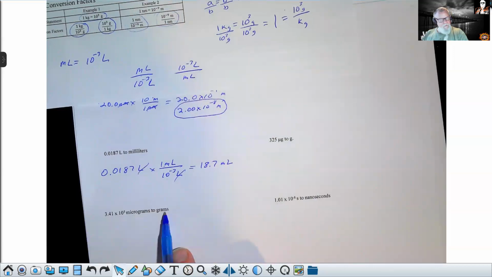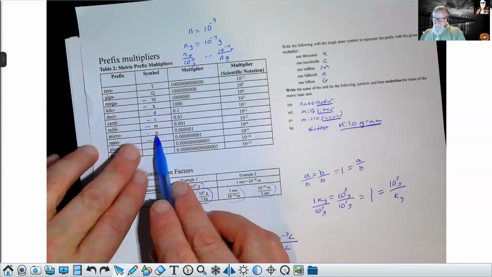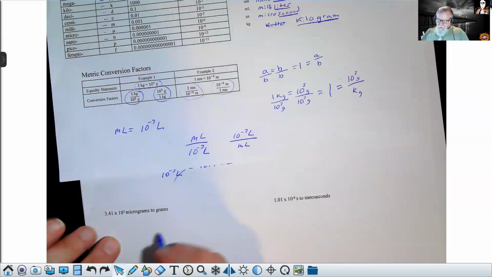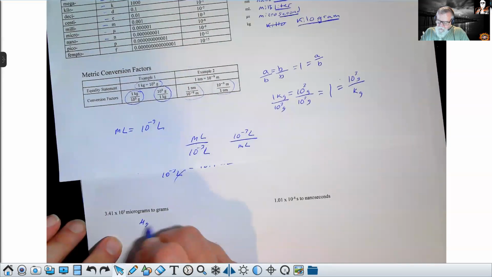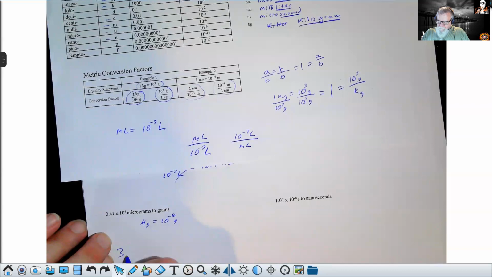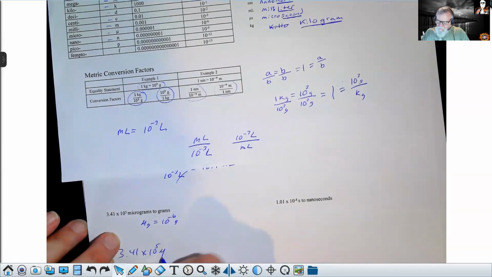Micrograms to grams. We didn't do micrograms to grams, but we can figure it out. We know that microgram equals 10 to the negative 6 grams. We have 3.41 times 10 to the 5 micrograms.